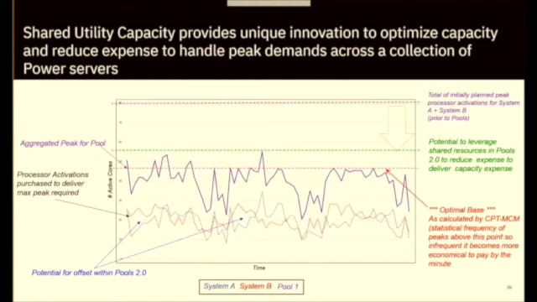So I think Joe alluded to this, that there's this other line that we can find, this optimal base, which is where we can look at the statistical frequency of the workload peaks and say, above this line, it is more economical to pay by the minute. That 2 cents a minute is actually more economical than paying 1 cent a minute for something you're underutilizing, and in some cases drastically underutilizing.